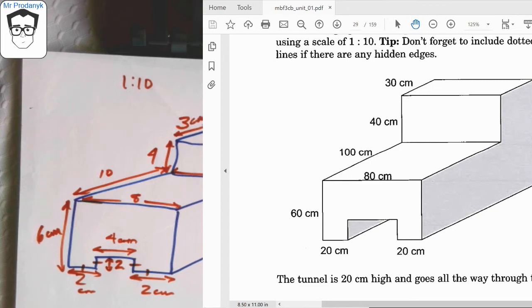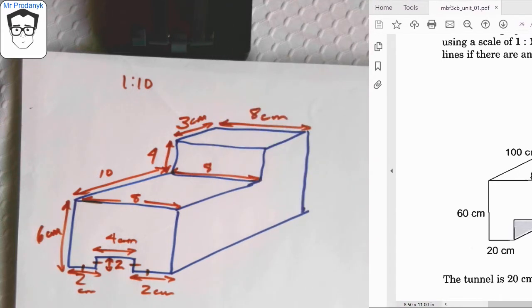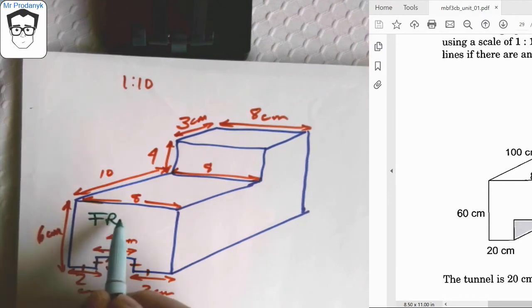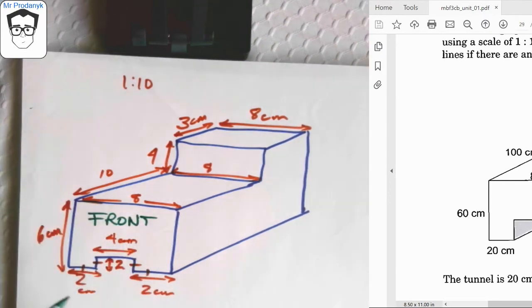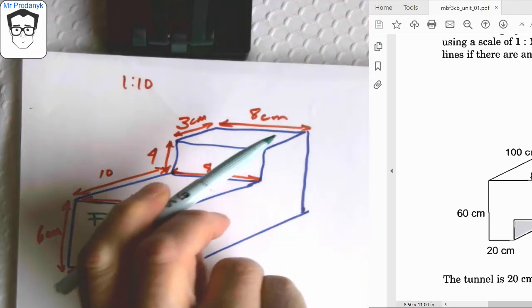And so what I need to do now is create an orthographic drawing so I can label my front, my side. Okay, let's call this my front view, looking right on in this direction.